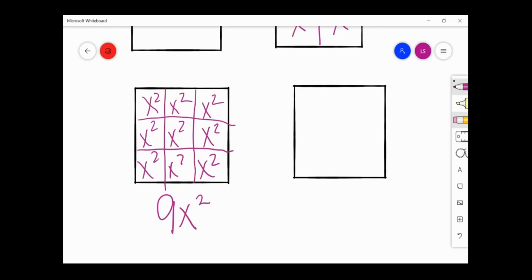And we can keep going. Another perfect square would be 16x squared, right? You can break a square up into 16 pieces, or 25x squared, that's a perfect square, and so on.